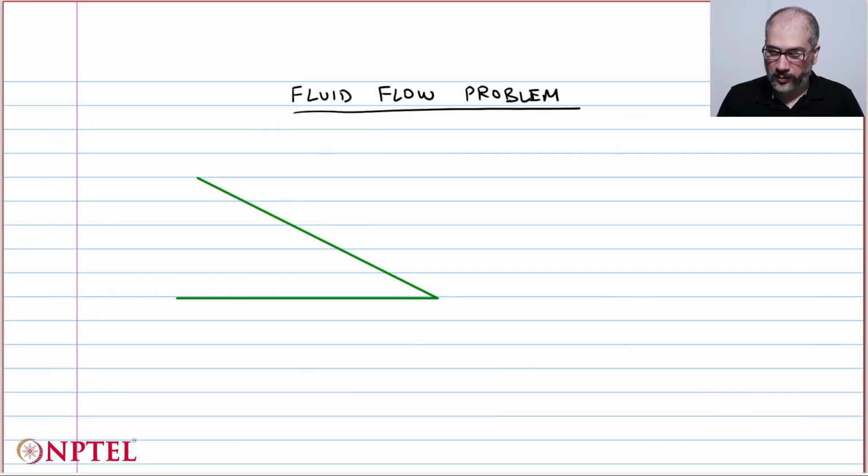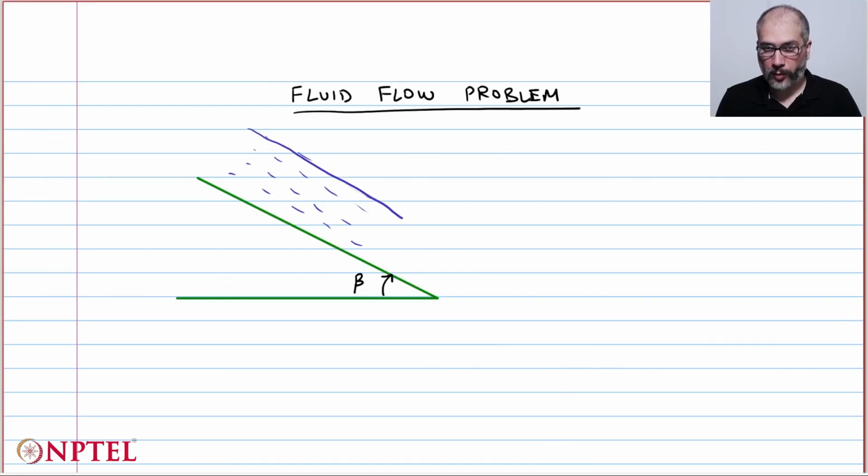So in this problem, we have an inclined surface which is inclined at an angle of beta with the horizontal, and there's some water that's flowing on this surface like this, with the top surface of the water, as shown in the solid blue line, having a height which is given as small h.